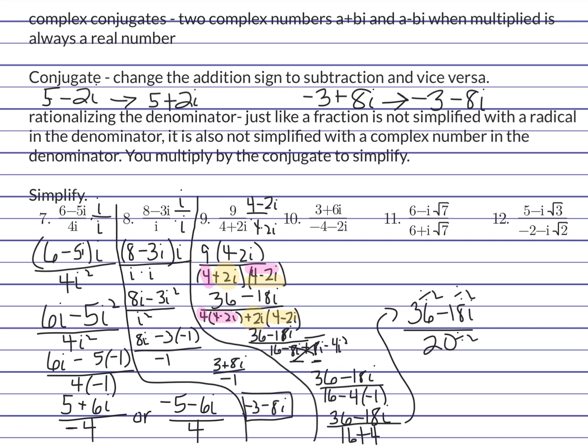So that would be 18 minus 9i divided by 10. That's the answer there. And I don't have enough space to do 10, 11, and 12, so I'm going to stop my video just for a minute and duplicate that slide so that I can finish 10, 11, and 12.